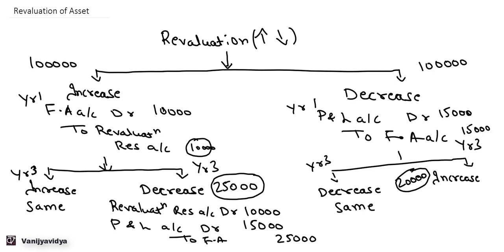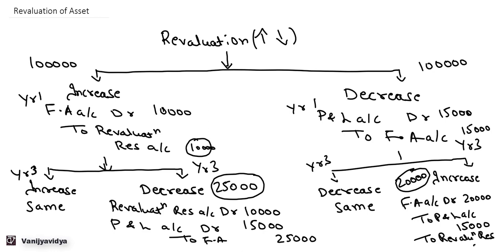For example, here the entry will be fixed asset account debit 20,000 to profit and loss account 15,000, because earlier profit and loss account was debited because of the decrease in the valuation of the asset. So now we credit the profit and loss account by 15,000, and the balance is taken to revaluation reserve 5,000.